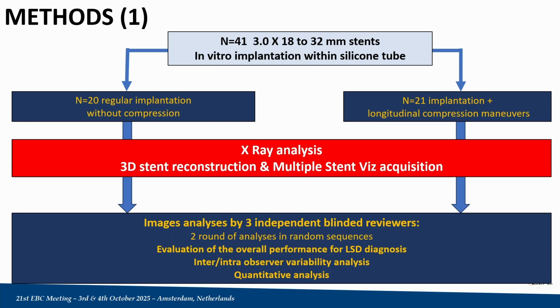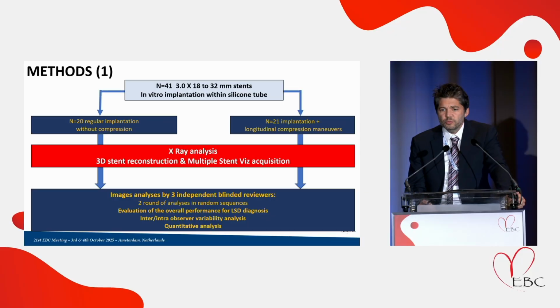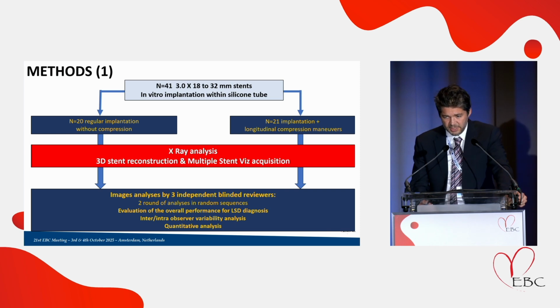For this study, we decided to create implantation of 41 stents into silicone tubes, in two groups. The first group was a regular implantation without any compression. The second group was an implantation of the stent into the silicone tube, and some longitudinal compression was created with some dedicated maneuvers that you will see.